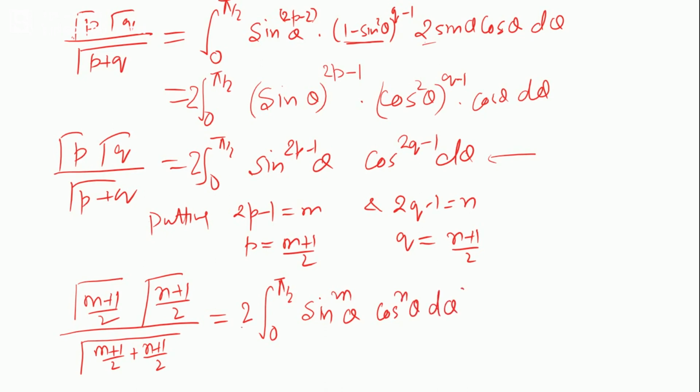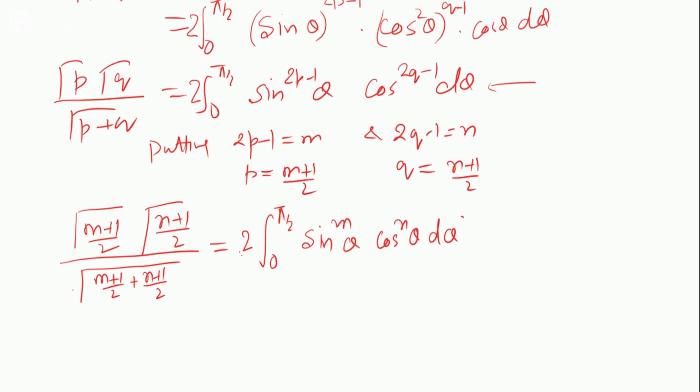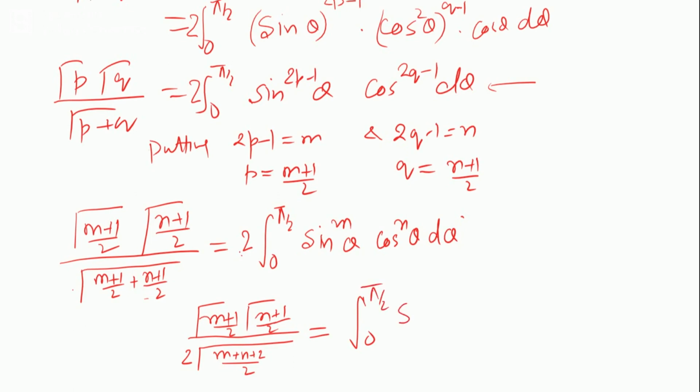So when we take that 2 in the denominator on the left hand side, we can say gamma m plus 1 by 2 gamma n plus 1 by 2 over 2 times gamma of, if we take the LCM here, m plus n plus 2 by 2, is equal to the integral from 0 to pi by 2 of sine m theta cos n theta d theta.